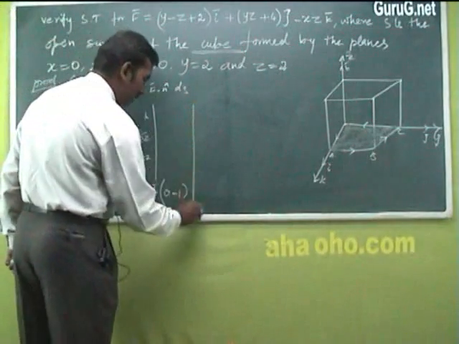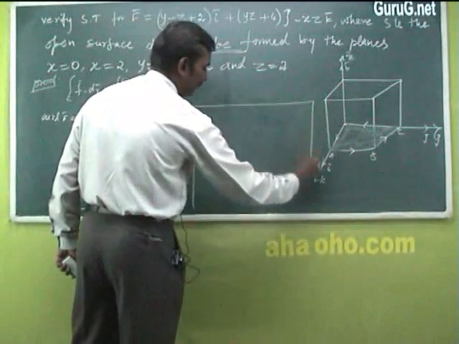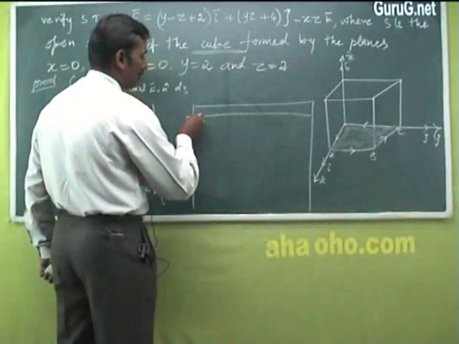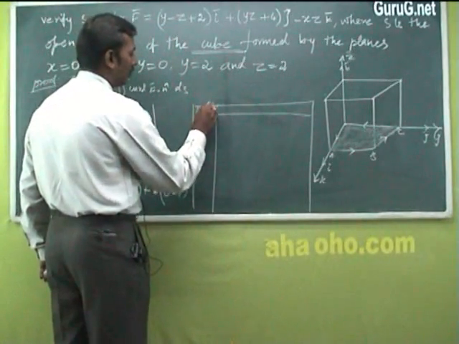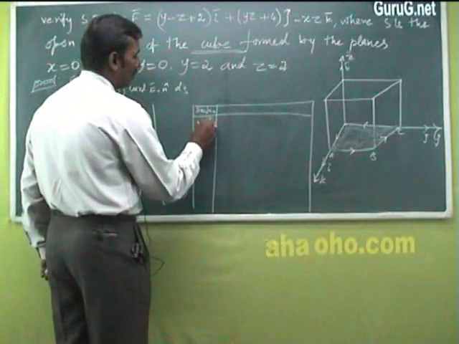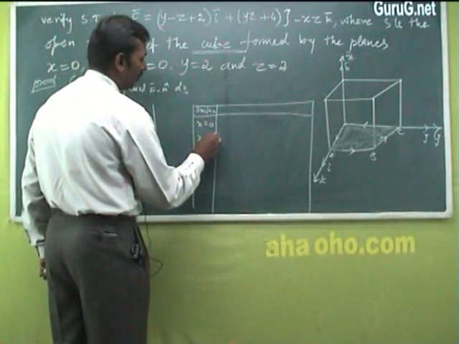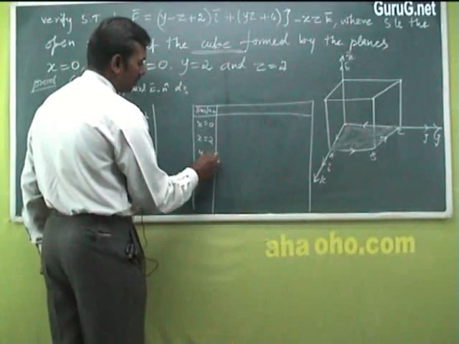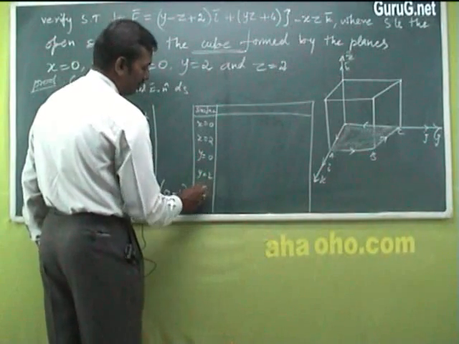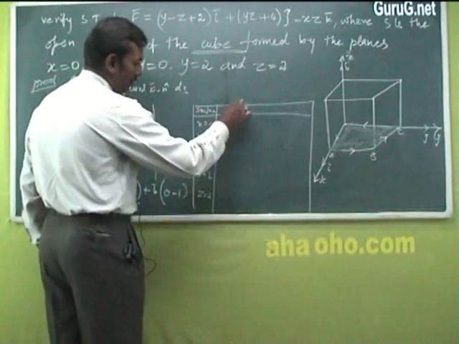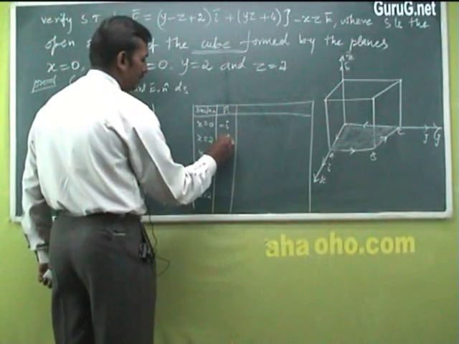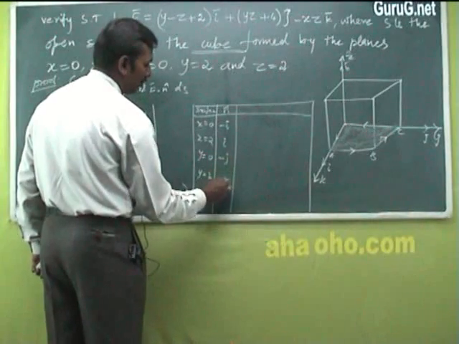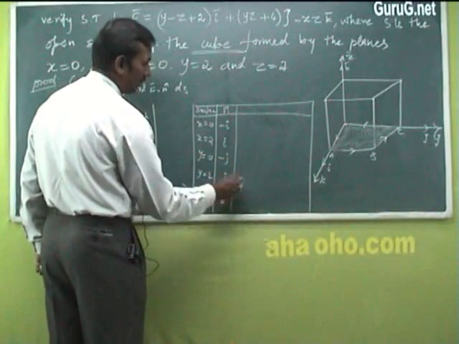So this curl of F, now we have 5 surfaces: x equal to 0, x equal to 2, y equal to 0, y equal to 2, z equal to 2. Then n cap is minus i vector, plus i vector, minus j vector, plus j vector, plus k vector.